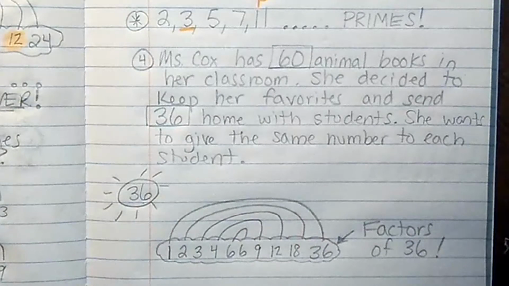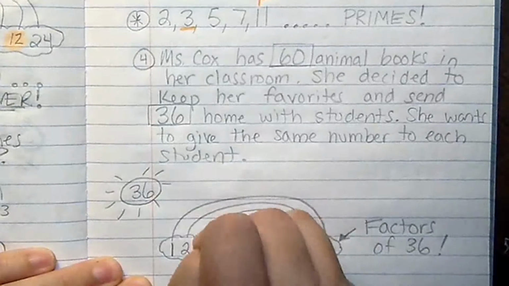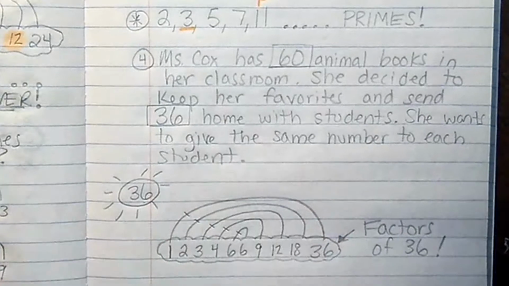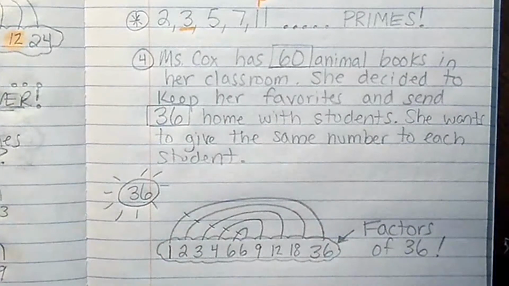Now, we want to know how she could send these home to students. I'm going to count my stripes. I have 1, 2, 3, 4, 5 stripes. Someone might say there are 5 ways she could do it, but I want to show you something.